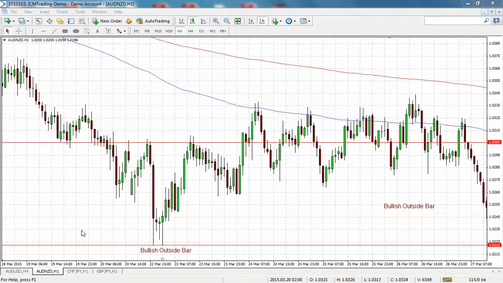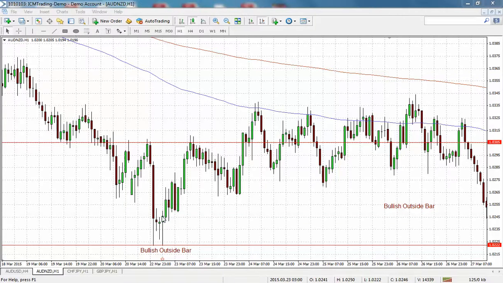So I would like to first point out this bar here is called a bullish outside bar. First of all, the reason why it's bullish is because this bar closed higher than this previous bar closed. So the market closed at a higher price than the previous bar. That's what makes it bullish.